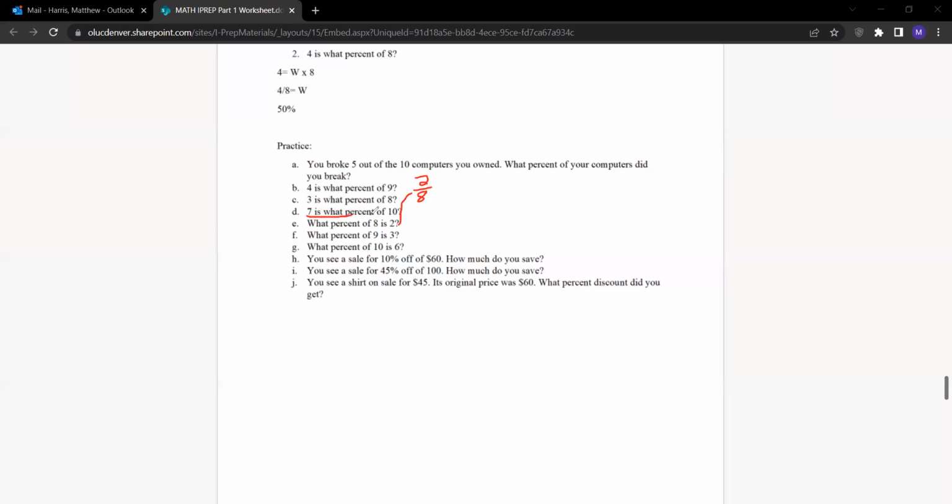So 7 is what percent of 10? That's 7 over 10. What percent of 8 is 2? Is 2 over 8. So it's percent of goes on bottom. So percent of 10, bottom, percent of 8, bottom. So 2 over 8. So we do 200 divided by 8. I get 25%.